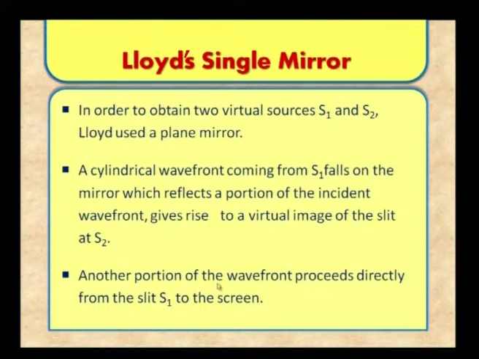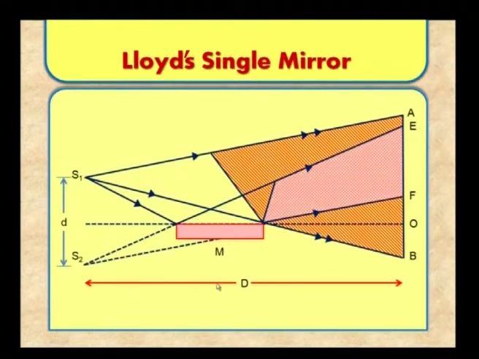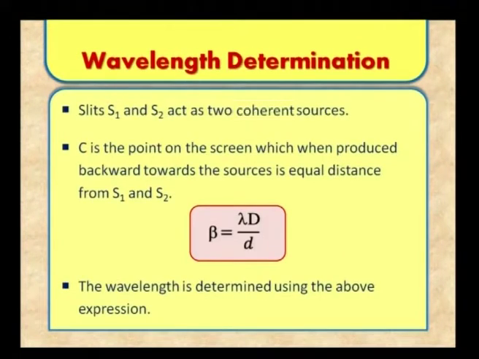Another portion of the wavefront proceeds directly from the slit S1 to the screen, whereas the other source S2 is the virtual source we obtained using Lloyd's single mirror. So Lloyd's single mirror is also capable of obtaining two coherent sources. So slits S1 and S2 act as two coherent sources.